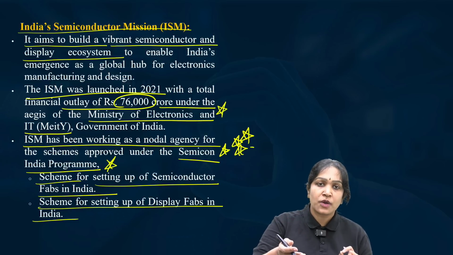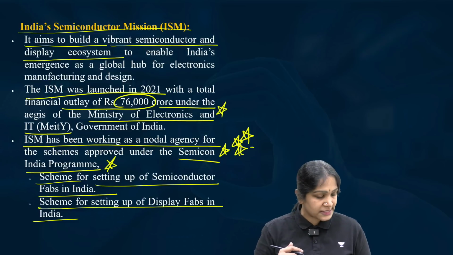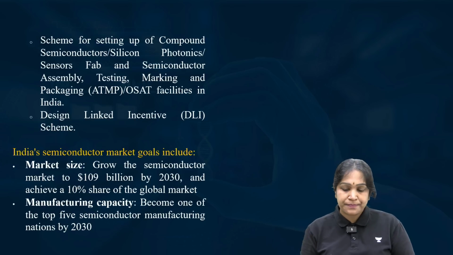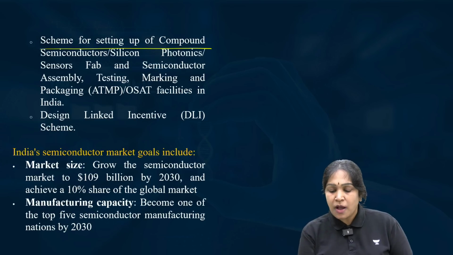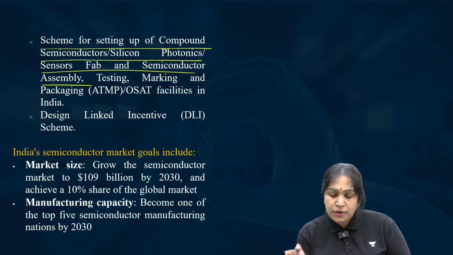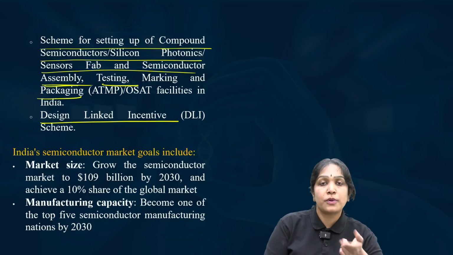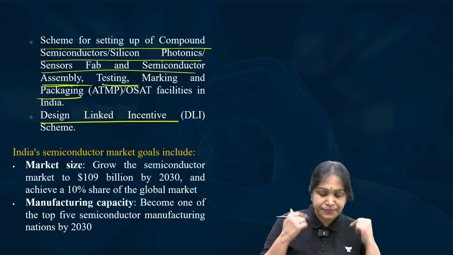Computer chips, CPUs, these are the semiconductor display units. Manufacturing them. Scheme for setting up compound semiconductor, silicon photonic and sensor fabs, that is assembly units, packaging, assembly, testing units. Design linked incentives will be given for the people who design the semiconductors.